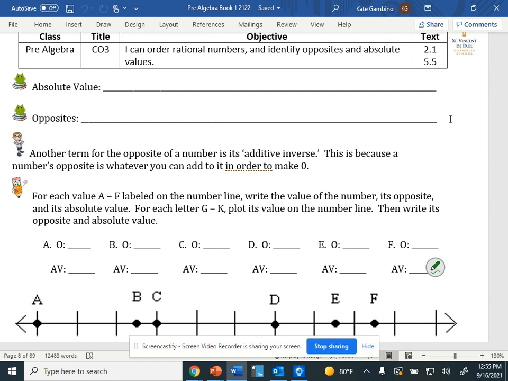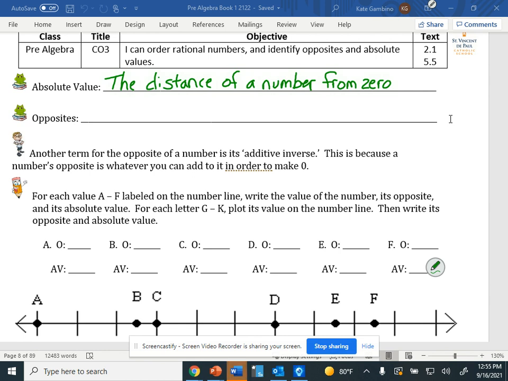The absolute value is the distance of a number from zero. So that's how far it is.